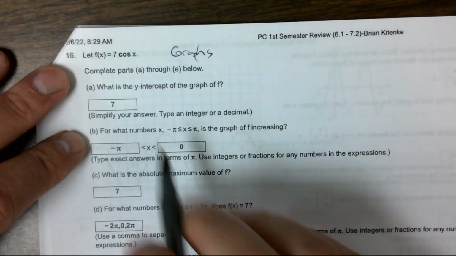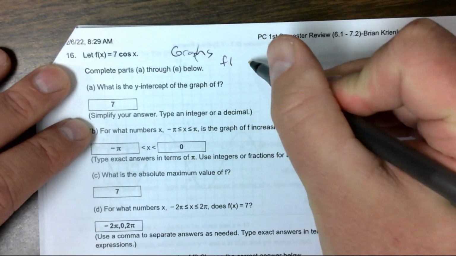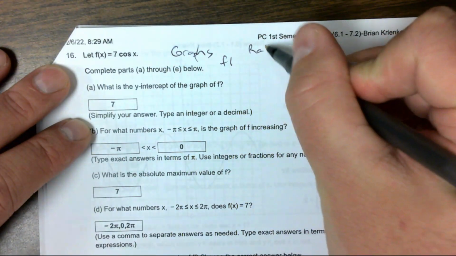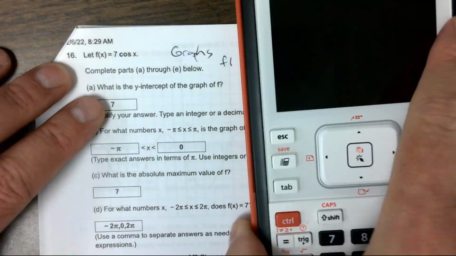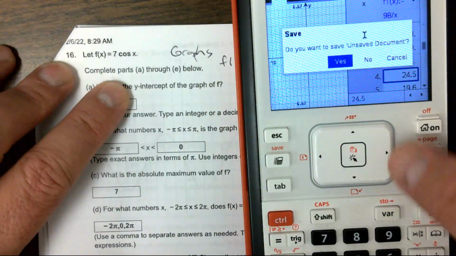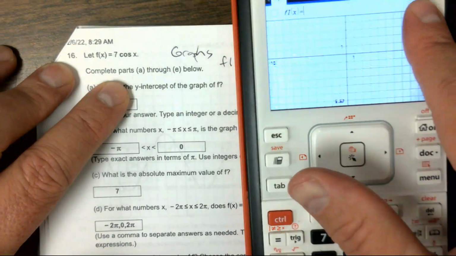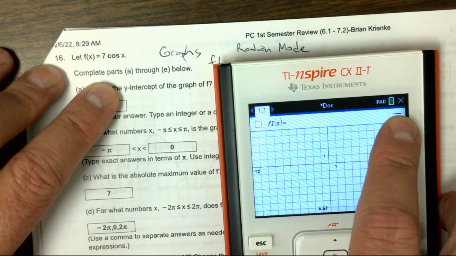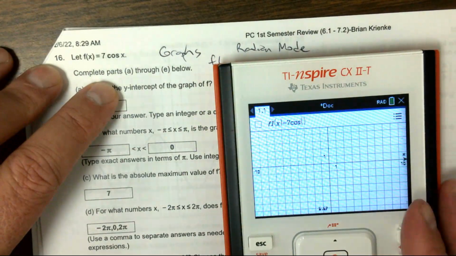And so make sure that your calculator is in radian mode. So we go to add graph. I am in radian mode. And I do 7 cosine x.